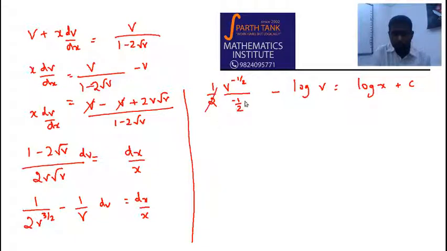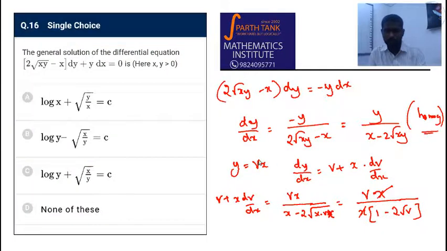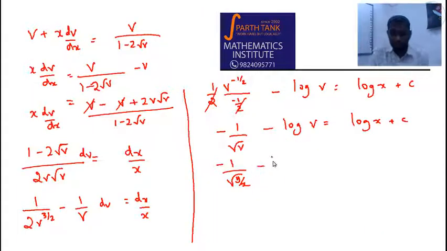This 1 by 2 and 1 by 2 are gone. I have minus 1 by root v minus log v is log x plus c. Substitute v, I get minus 1 by root of y by x, correct? V is always y by x, minus log of y by x is log x plus c.